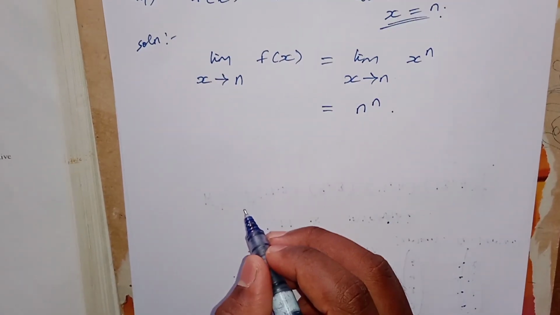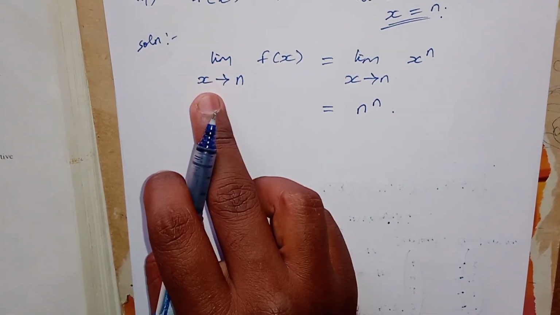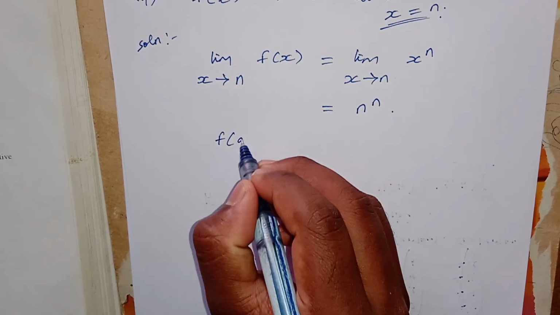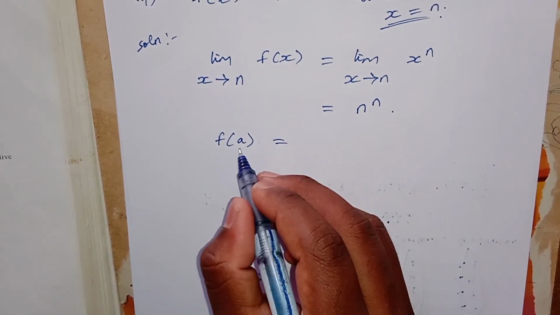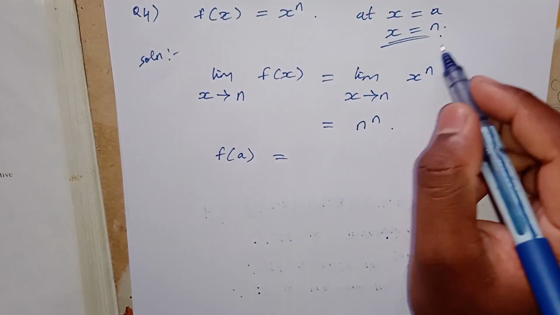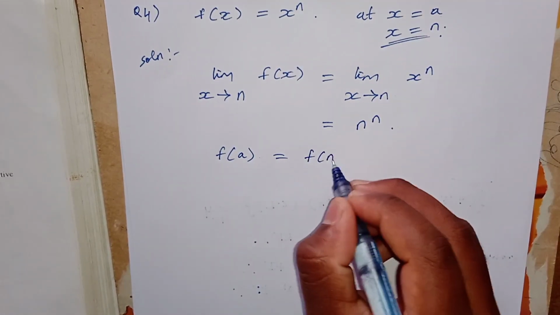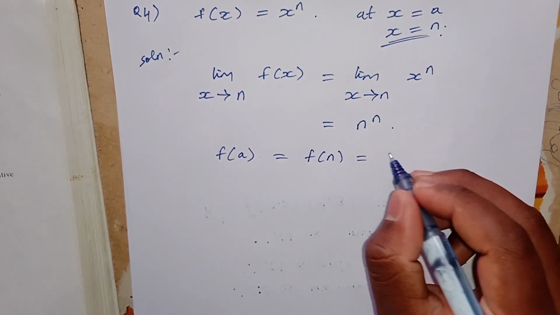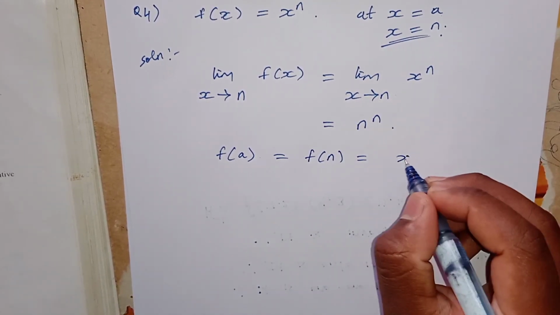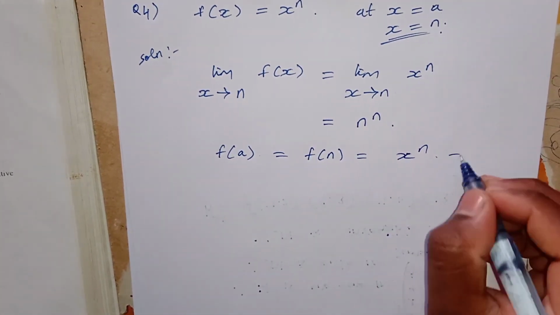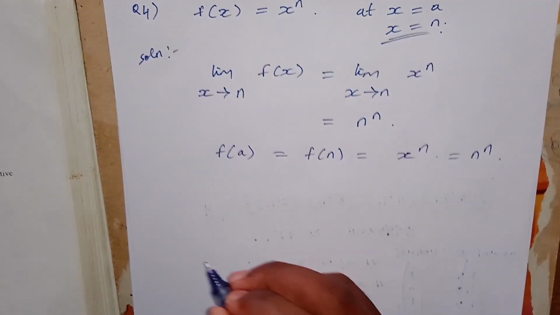Okay, this is my limit general form. Okay, therefore limit f of a, here in the place of f of a you should substitute x equal to n, therefore f of n. F of n is nothing but in the place of x you should substitute n, therefore here it is n power n.